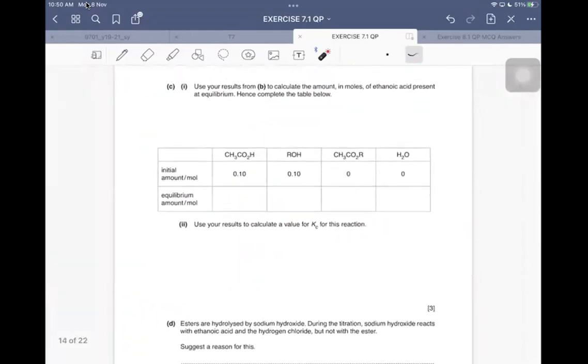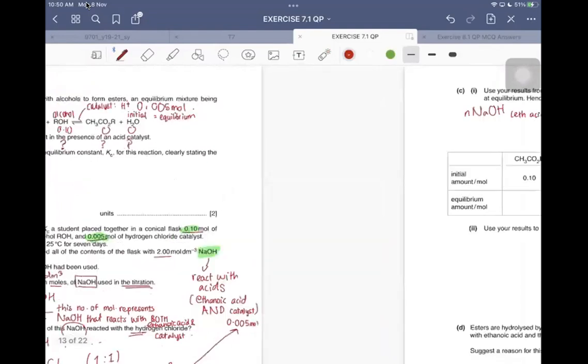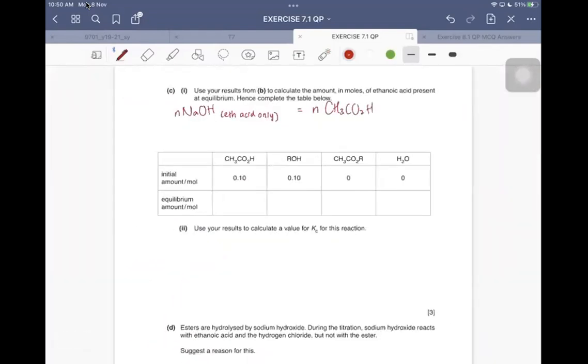Use your results from B to calculate the amount in moles of ethanoic acid. This is what I was talking about. Once you get the number of moles of sodium hydroxide with ethanoic acid only, that is equal to the number of moles of ethanoic acid, CH3COOH, because it is 1:1.